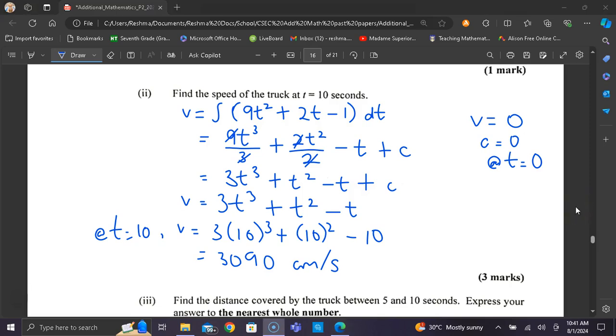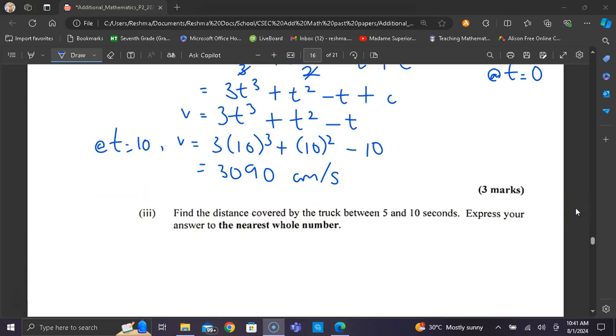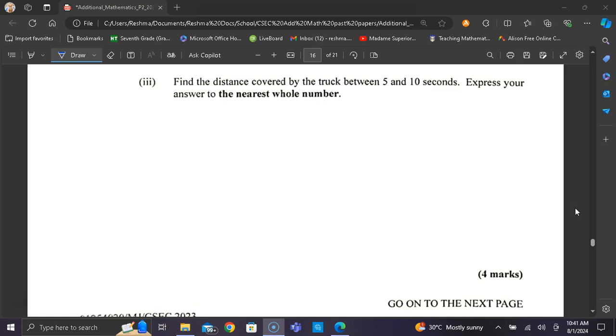So I don't want to break up this video into two parts, so let's do part 3 one time. So for 4 marks, find the distance covered by the truck between 5 and 10 seconds. Express your answer to the nearest whole number. So since speed is the rate of change of distance with time, then to find distance, we will need to integrate speed.